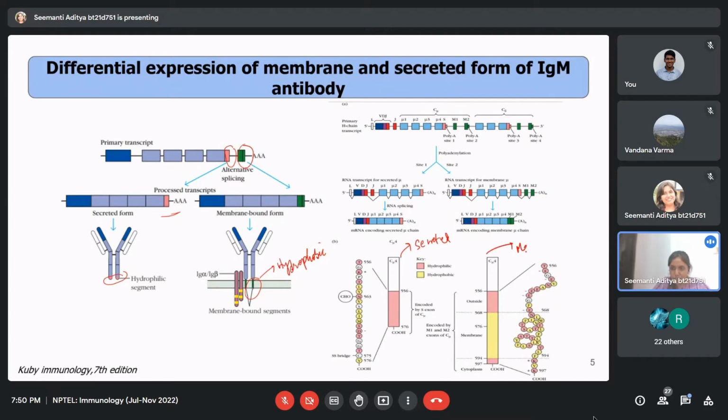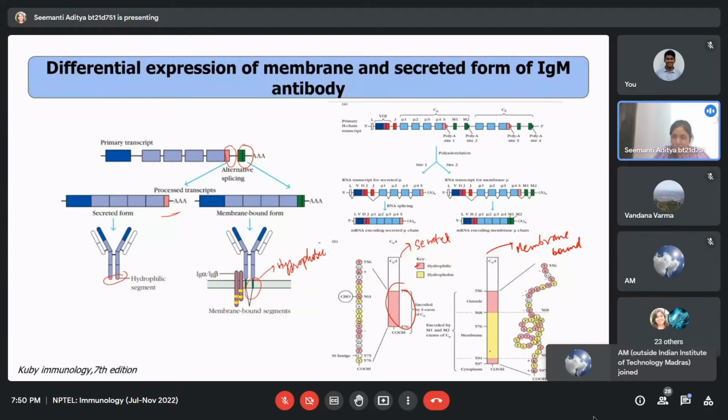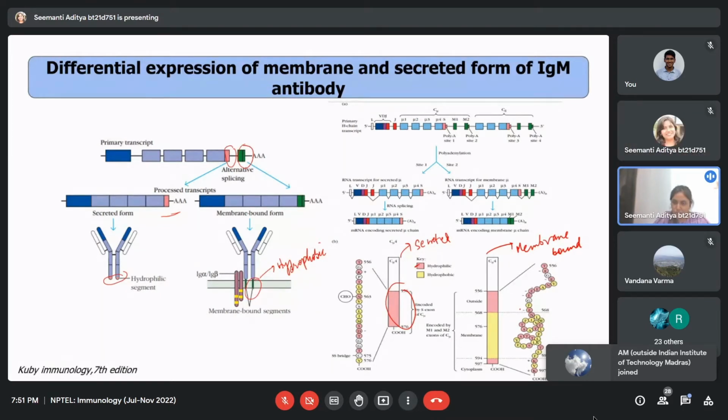You will see that mostly hydrophilic residues, this pink part, make up the secreted forms of your immunoglobulin molecules. Whereas in the membrane bound form, there is a large portion of hydrophobic amino acid residues that allow the immunoglobulin molecule to embed itself into the membrane.